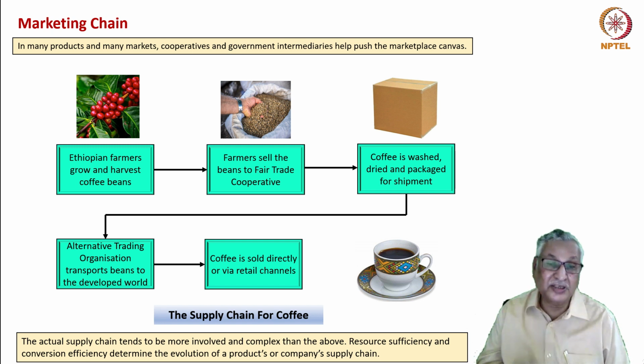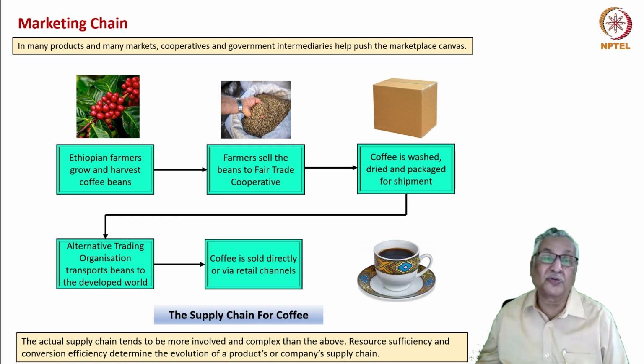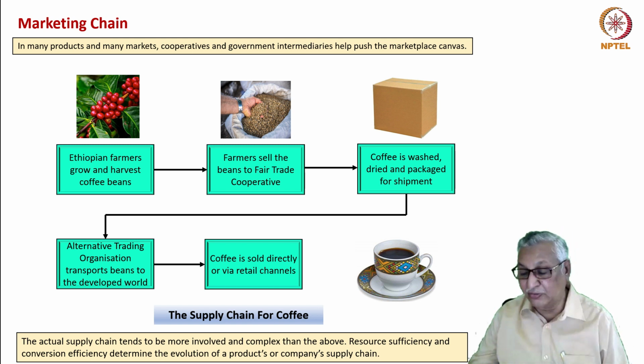Depending upon the nature of the country's economy, the number of layers between the production and the ultimate consumption of coffee could be many. And that's where cooperatives play a very big role in disintermediation, ensuring proper production and supply, and also ensuring that proper price discovery takes place for the farmers.